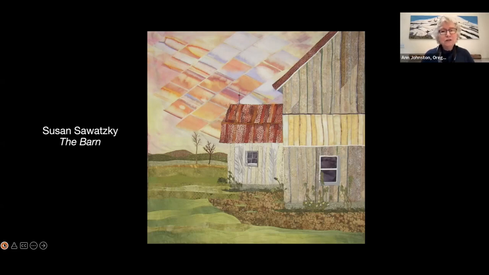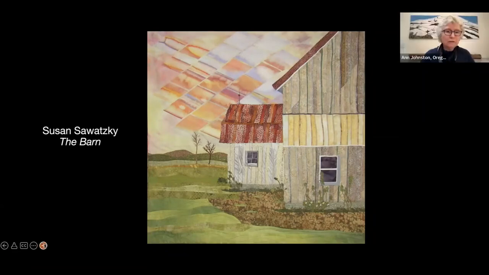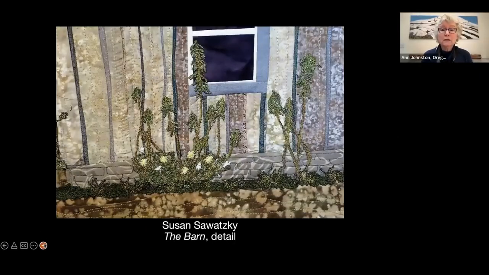I'm not entirely sure all of your thread work is appreciated. When you look at the piece, you can actually see the thread work better than you can in the photograph. I'm going to do a detail so everybody else can see it. Anyway, I think if you left out the trees and the weeds, it would still be the same meaning to the quilt.